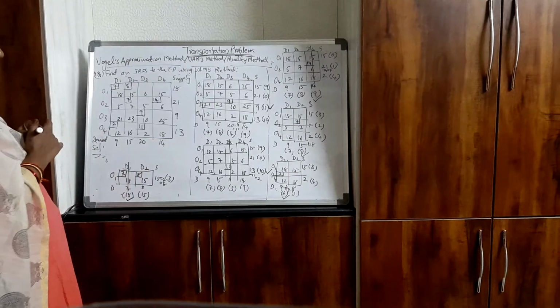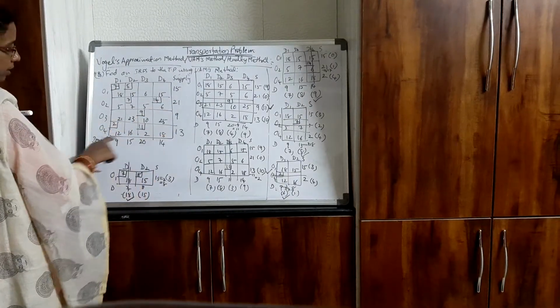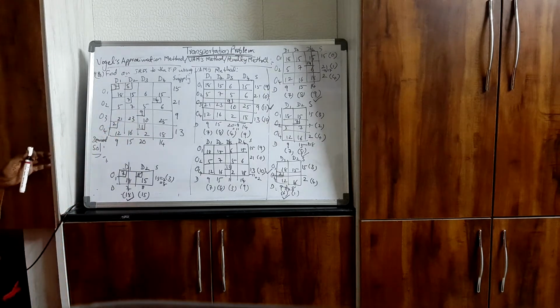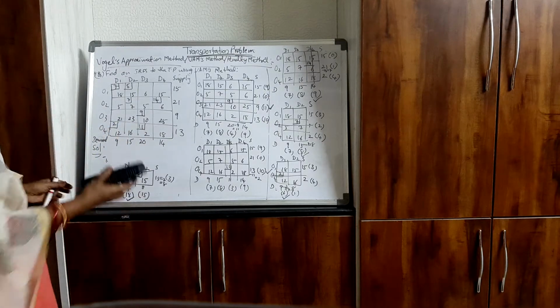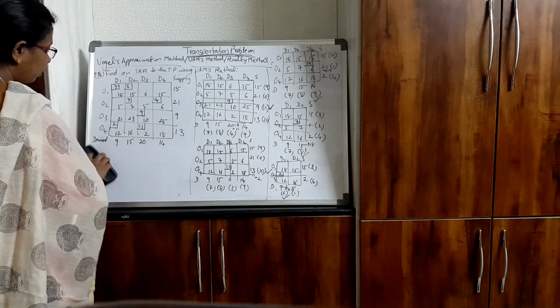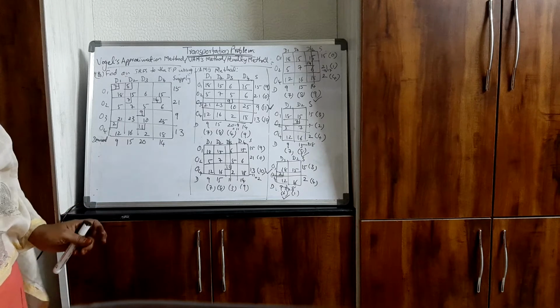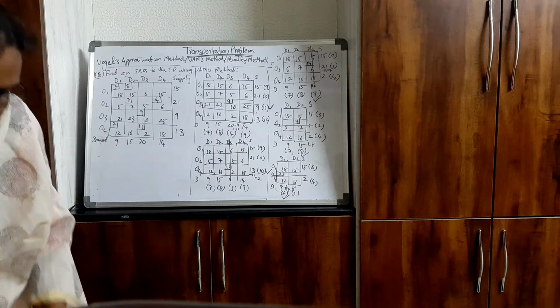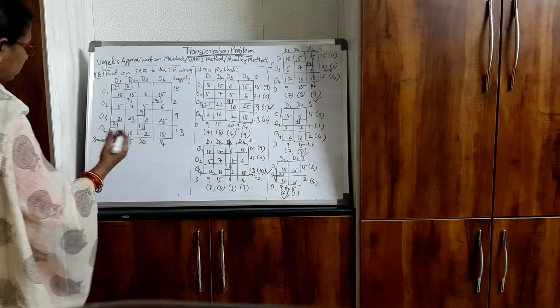So you got the same values of supply and same values of demand as given in the problem. So that means your problem is correct. You have made the correct allocations. Now find the total cost. You know how to find the total cost by multiplying the cost with the allocated values.